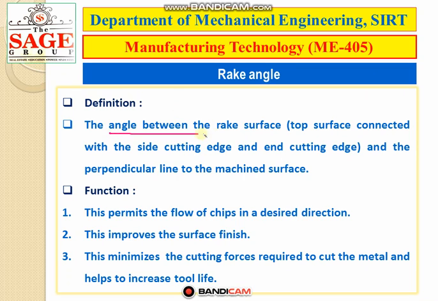The angle between the rake surface. What is rake surface? That is the top surface connected with the side cutting edge and the end cutting edge. In the previous session, that is tool signature and tool geometry, we have seen the diagram of the single point cutting tool, and at that time I told you the top surface of the cutting part of the single point cutting tool is known as rake surface.